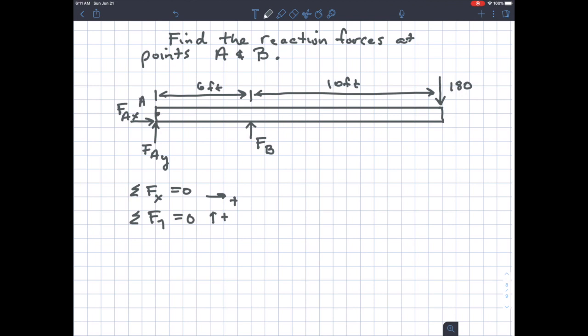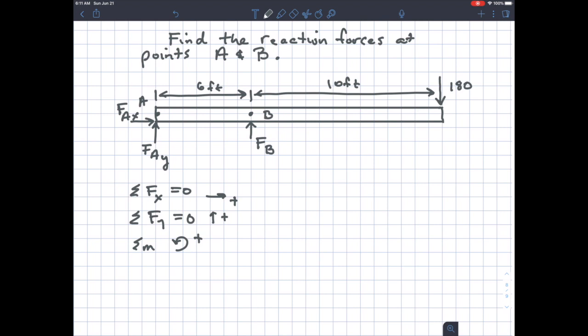We have a couple of points already labeled on the diagram, A and B. We get to choose that point, and typically we're going to make counterclockwise positive. So those are the principles that we're applying.